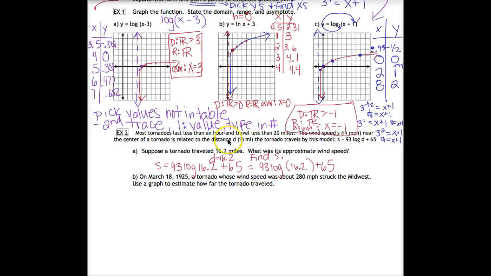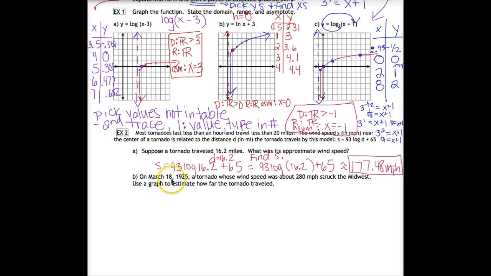And when you do that, hopefully you come up with approximately, it doesn't say what to round to, but let's just say 177.48. And it's wind speed, so that's measured, it tells us, in miles per hour. So a tornado that traveled 16.2 miles had a wind speed at the center of 177.48 miles per hour.